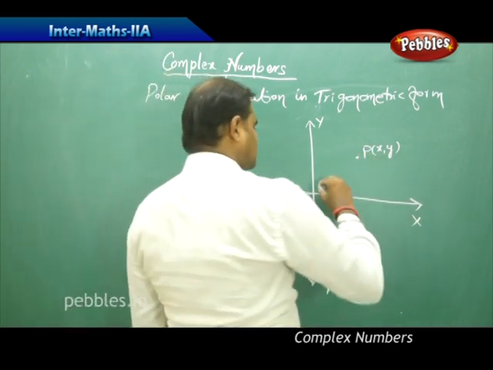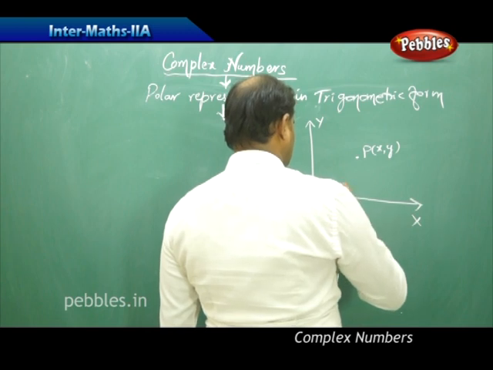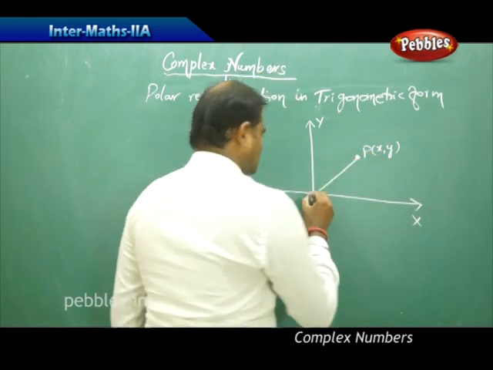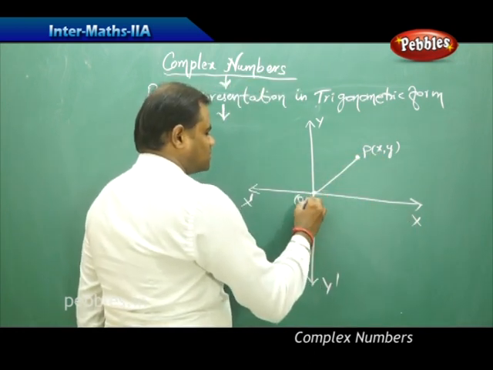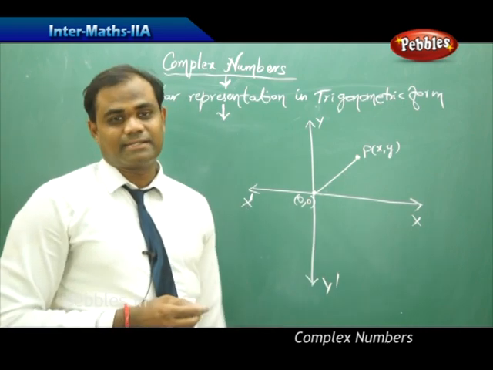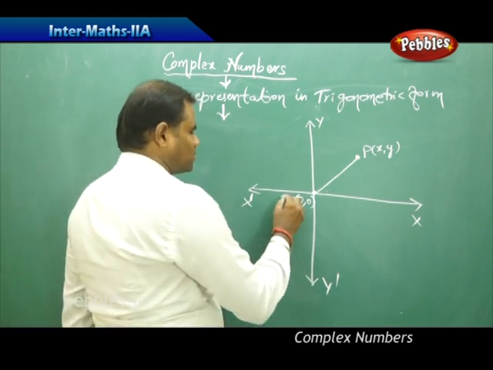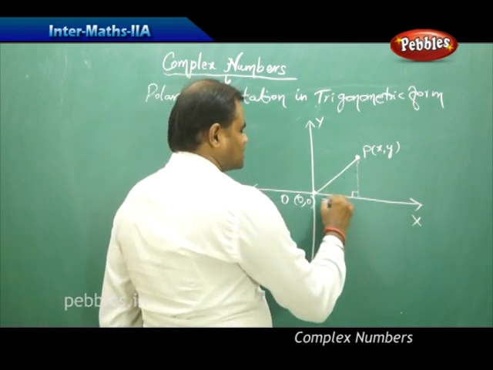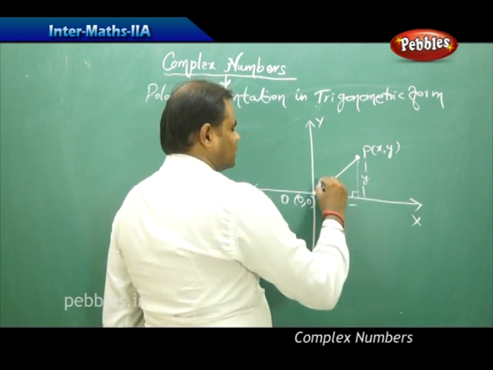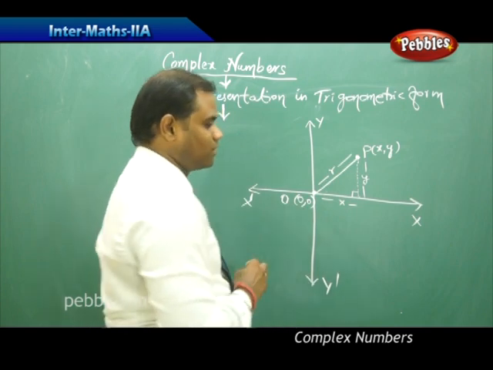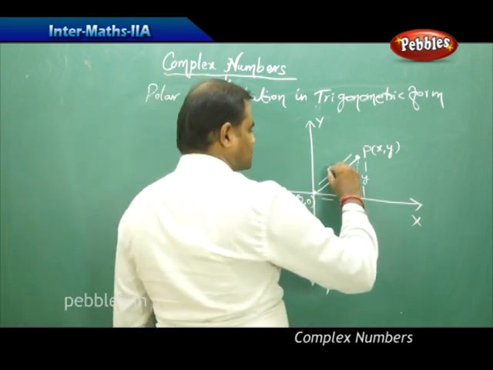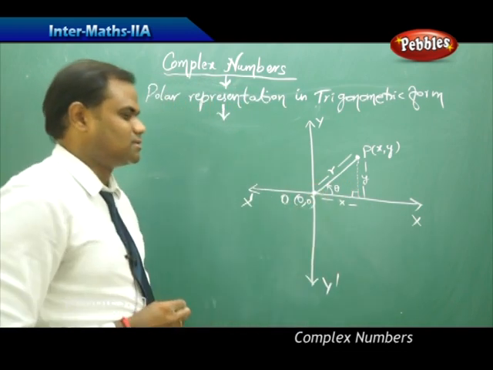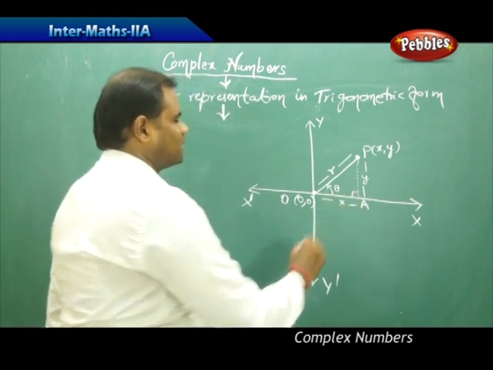Then we have observed that this point is the initial point (0, 0), and this is the initial line x, x dash. So O is (0, 0) and P is (x, y), so that when I drop a perpendicular, I get this as x and this as y. And of course, this was r, which we have already discussed in the polar coordinates. So r is this, and theta is the angle in the anti-clockwise direction, which is this. So taking this as A.